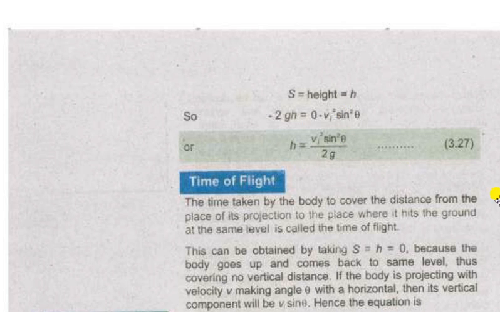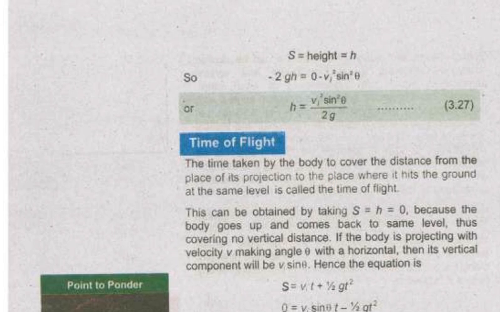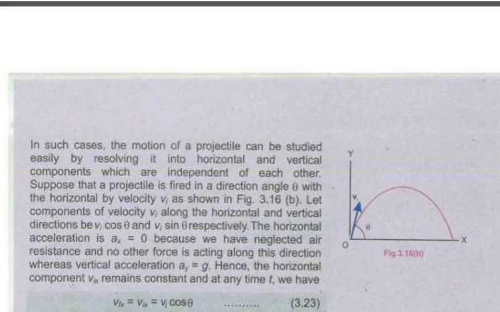So next is time of flight. The time taken by the body to cover the distance from the place of its projection to the place where it hits the ground is known as the time of flight. So by definition, when we throw the projectile from its initial position, the time taken by the projectile from the projection at the initial point to the point where it hits the ground is known as the time of flight.